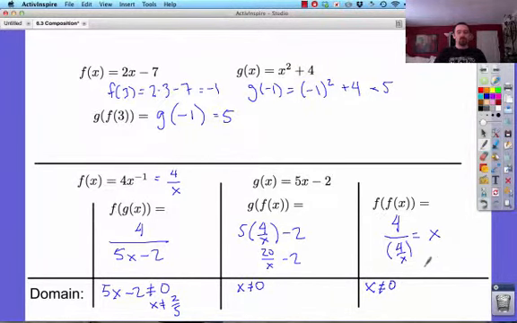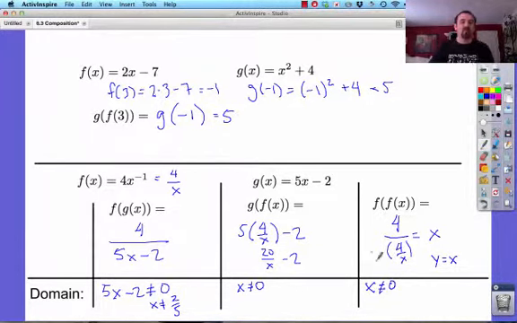Now, the domain of the outside function is, again, as long as this is never 0, we're okay. And this is never 0, because the range of this function is all real numbers except 0. So even though the function just looks like our standard old y equals x line, it's actually the y equals x line without a 0.